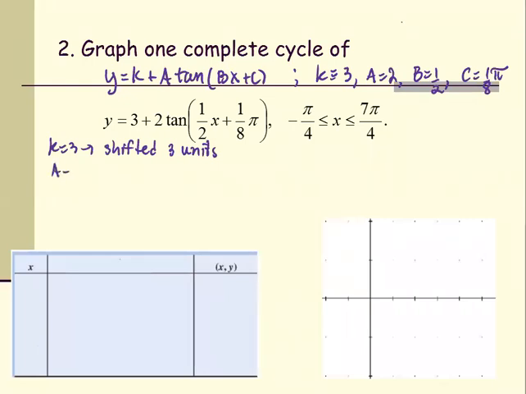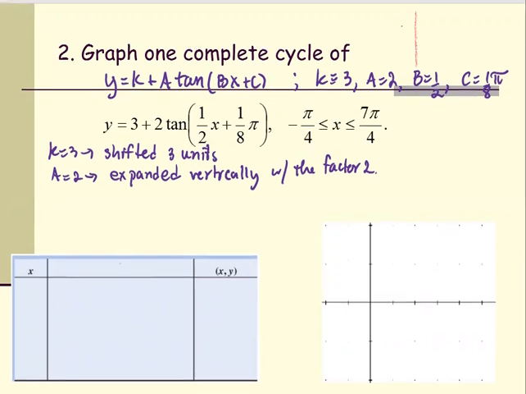And a equals 2 tells us about the expanding of the graph, or the stretching factor, expanded vertically with the factor 2. And a positive, that means it just followed the sketch of the tangent graph.